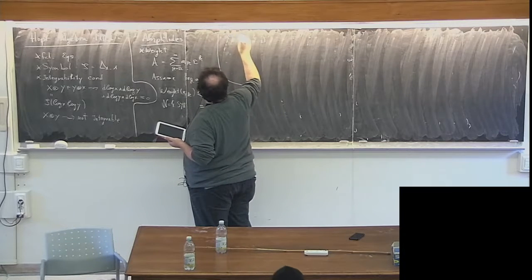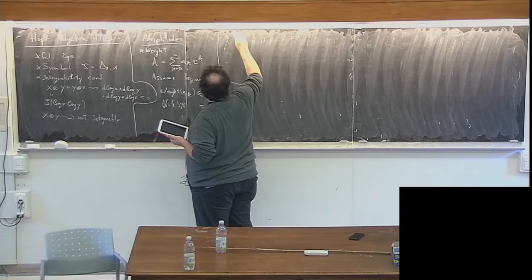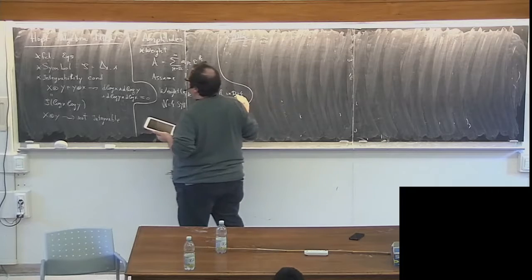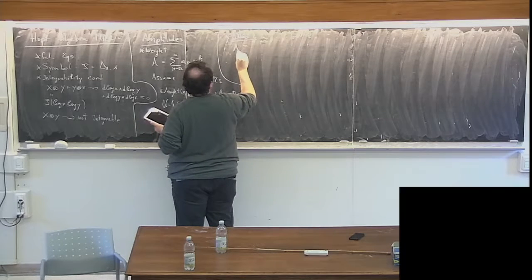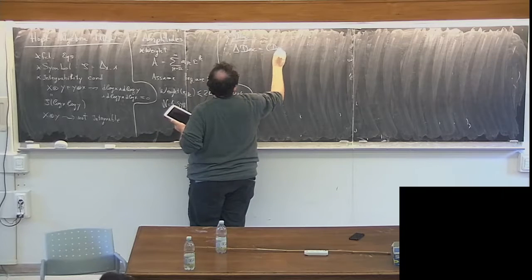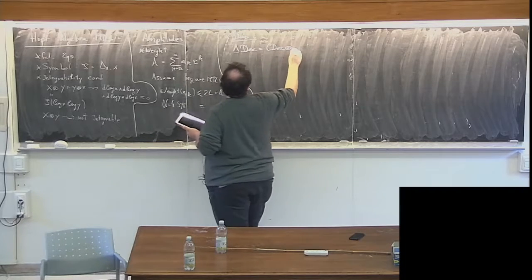And we also looked at, well, discontinuities. And I remind you that discontinuities have the property that the coproduct of a discontinuity is such that it only acts in the first factor.